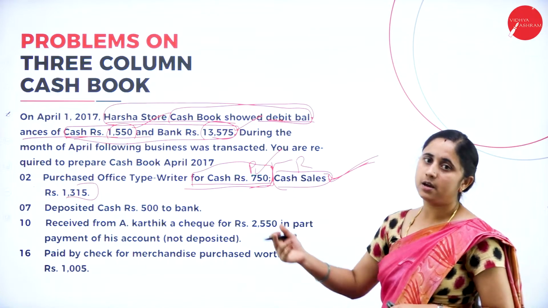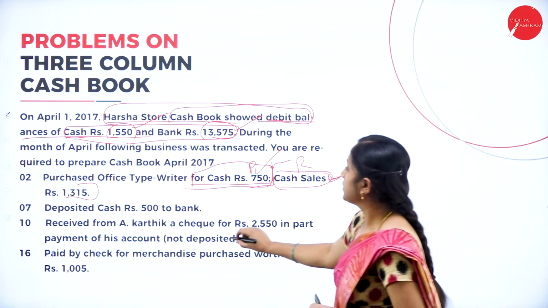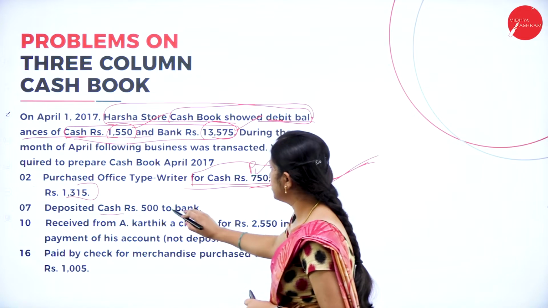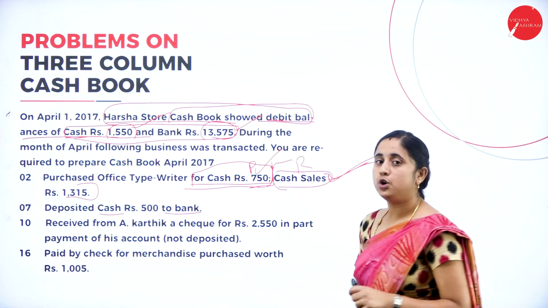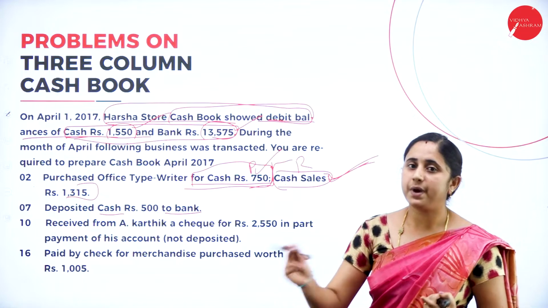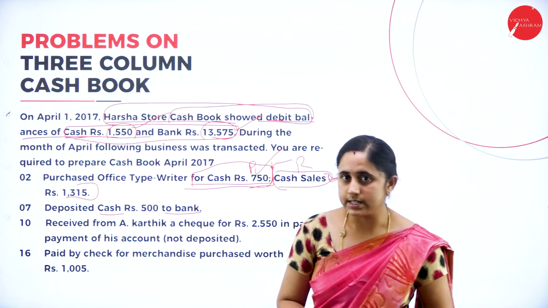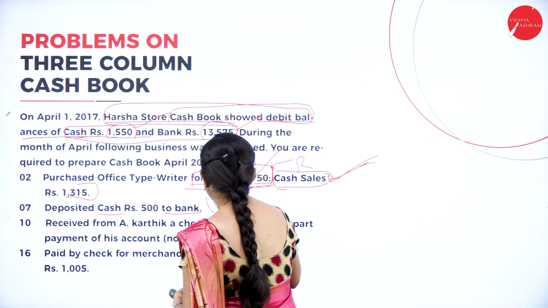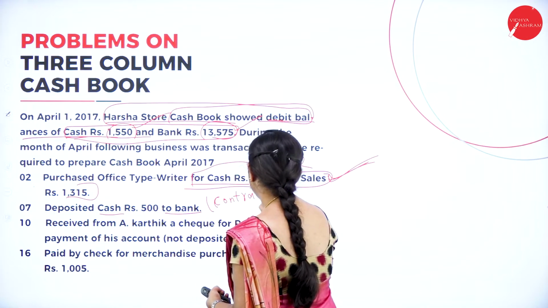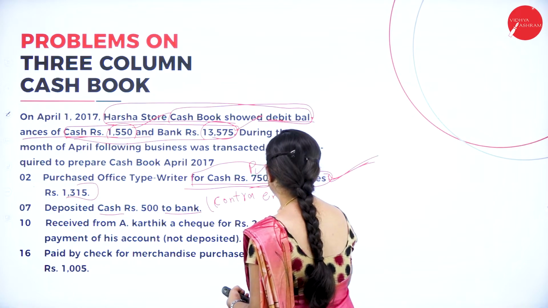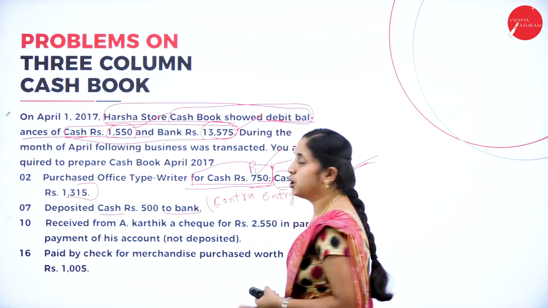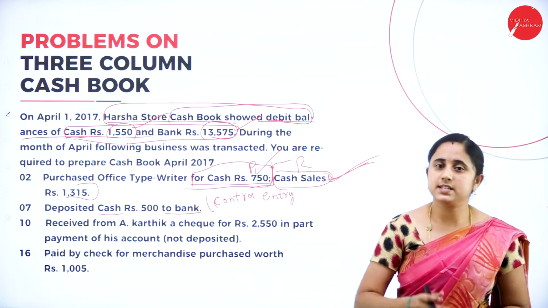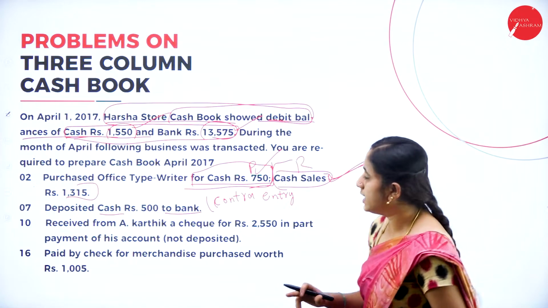Here we have cash and bank, so we can record both the cash and bank transaction in the cash book itself. This type of transaction is called a contra entry, that means both cash and bank are involved in the same transaction.